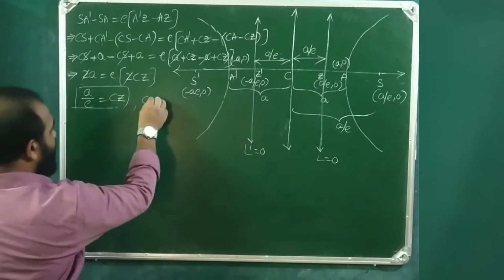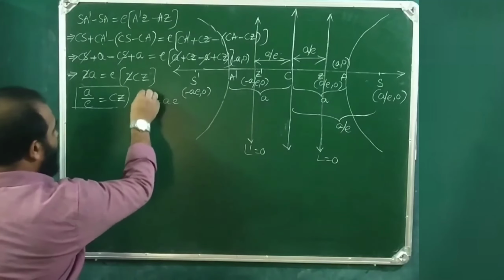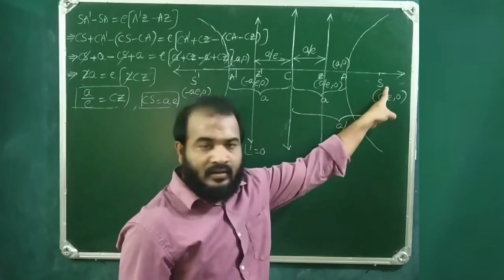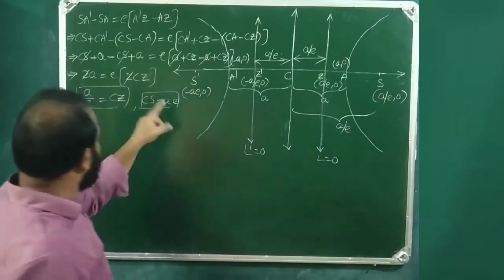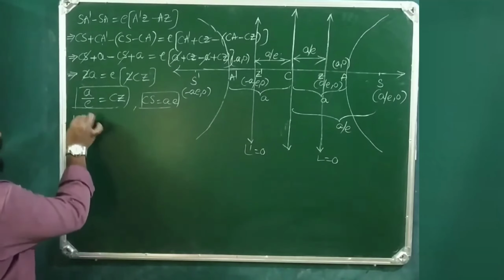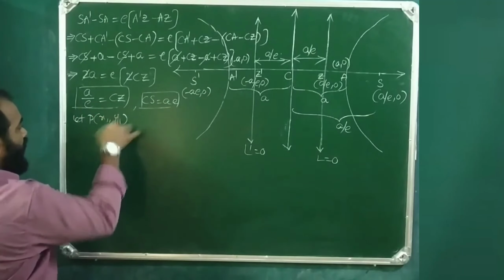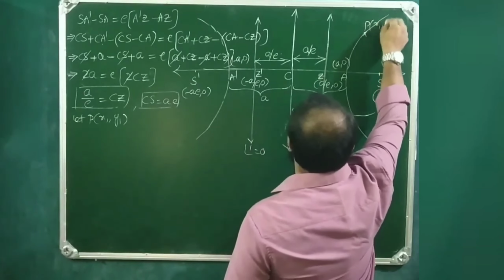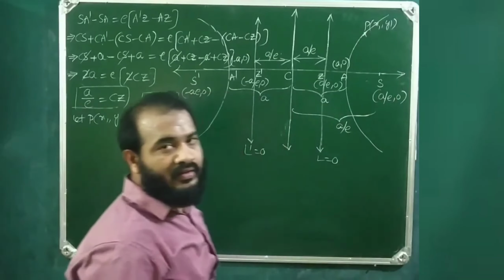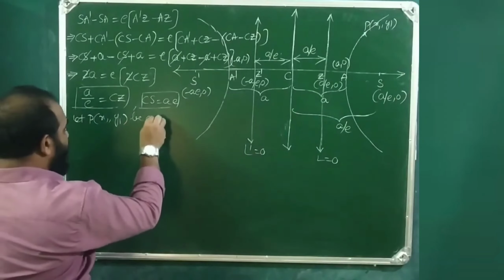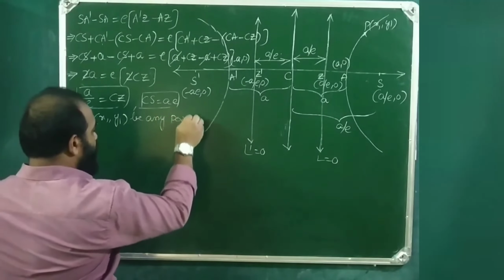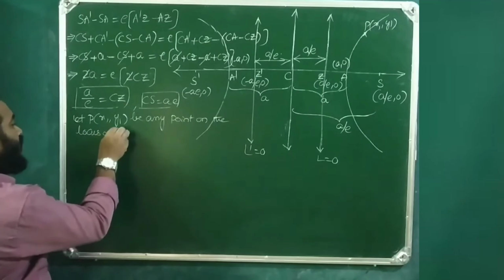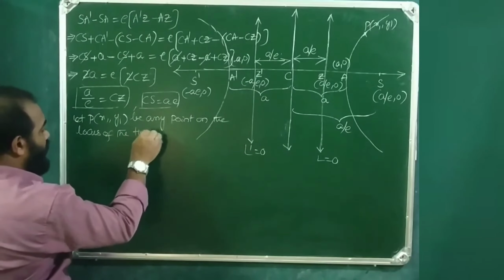So earlier we got CS is equal to AE, distance between the center of the hyperbola to the focus. So CS equals AE. Let P x1 y1 be any point on the locus of the hyperbola.